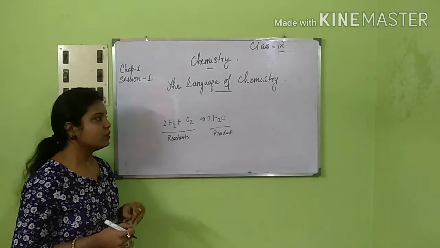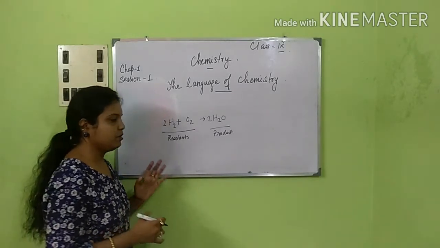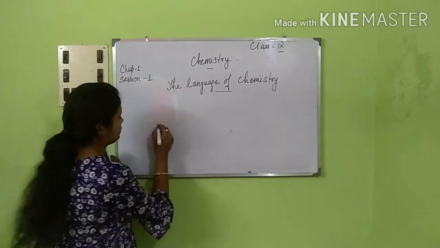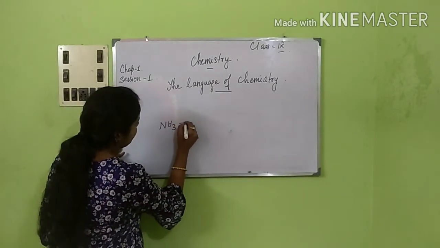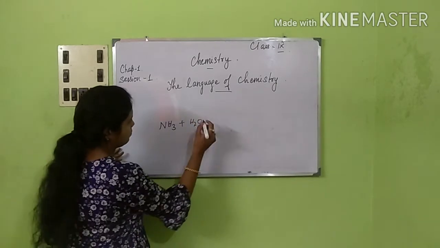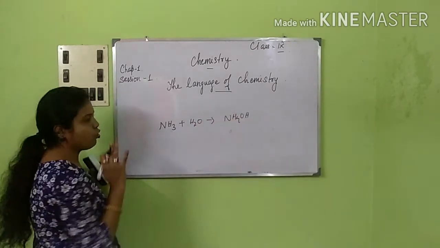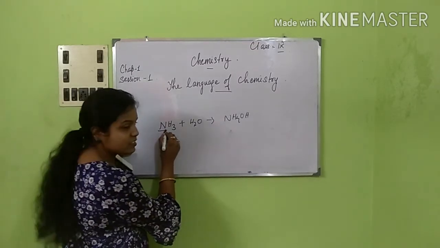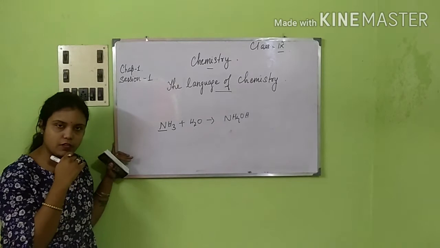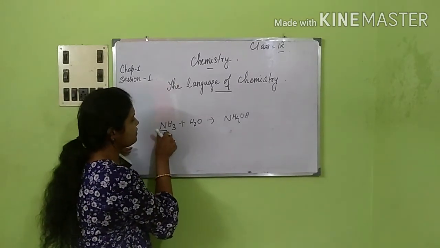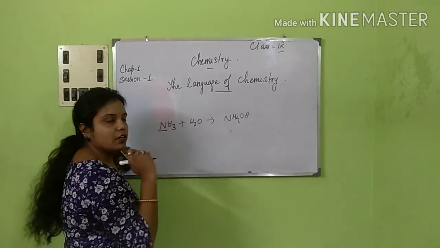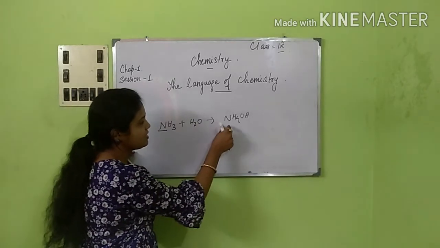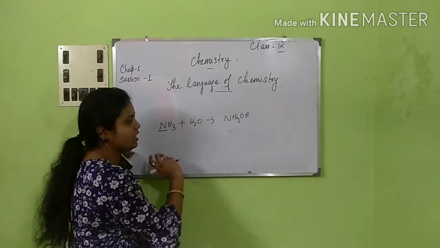Now there are many other examples. Ammonia and water, NH3 plus H2O, giving you NH4OH. Is it balanced or not? Here is how to balance the equation. You first check whether the number of atoms on the reactant side and the product side are equal or not.